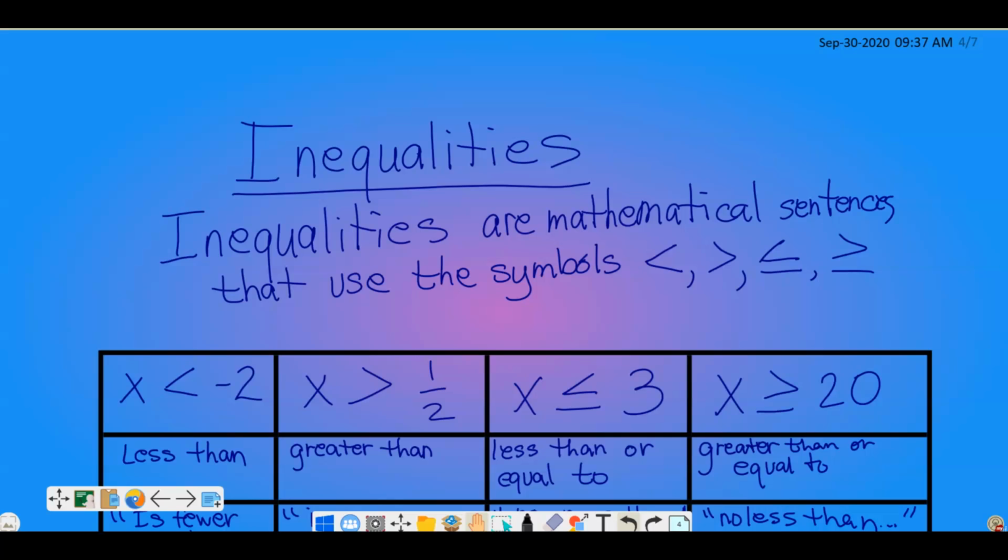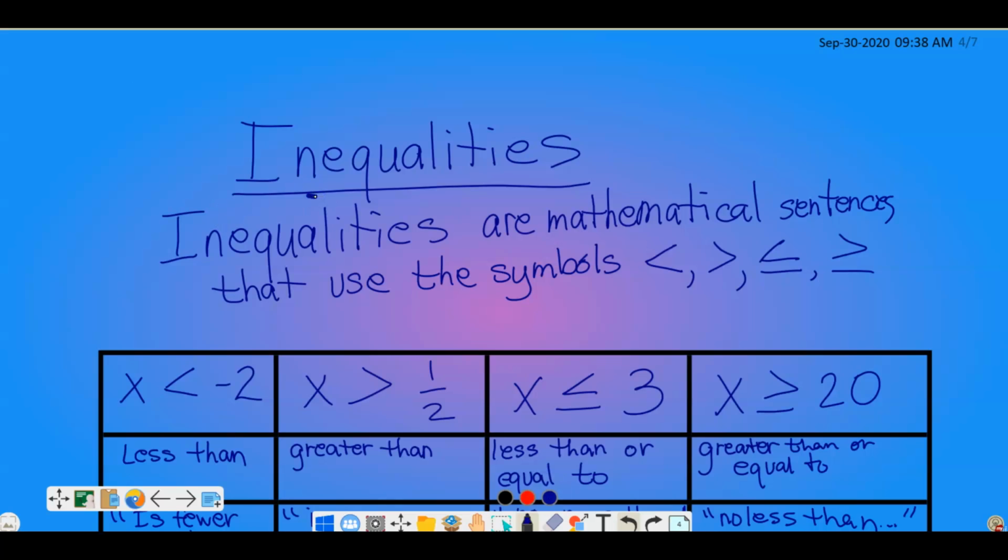I'm trying something new. In this video, we are going to talk about our new unit, inequalities. Let's start with the definition of inequalities that you see right here.